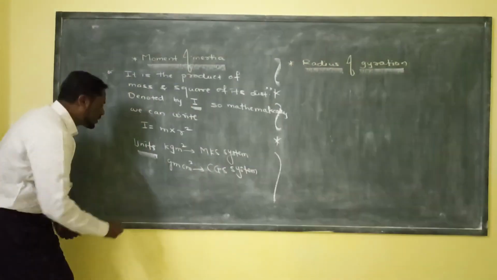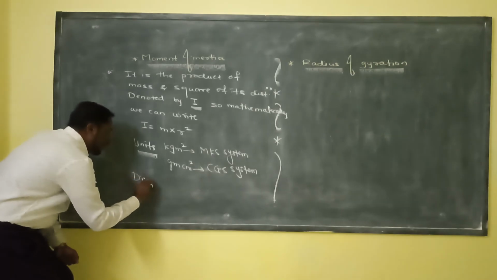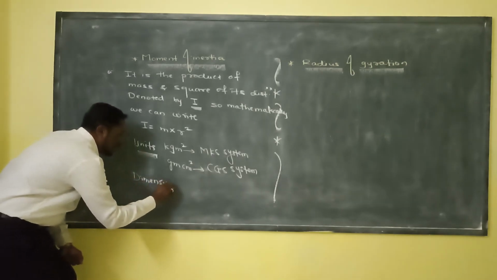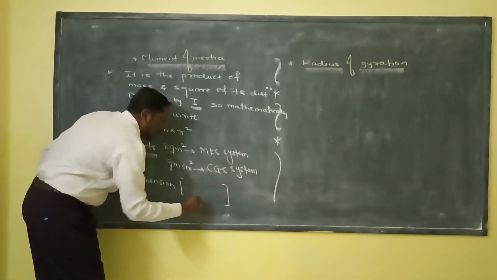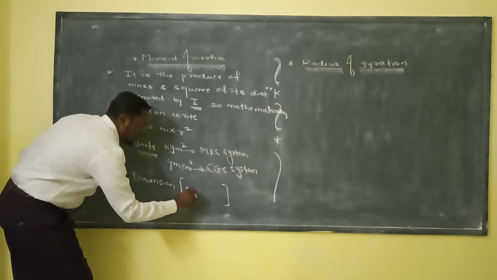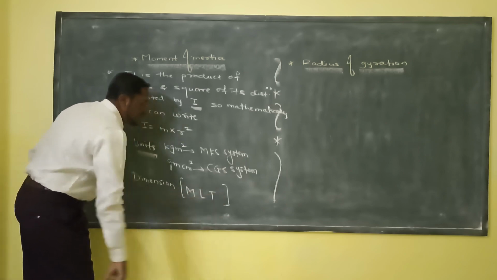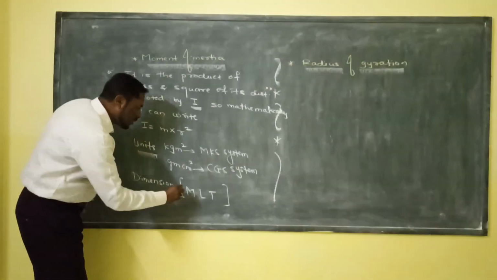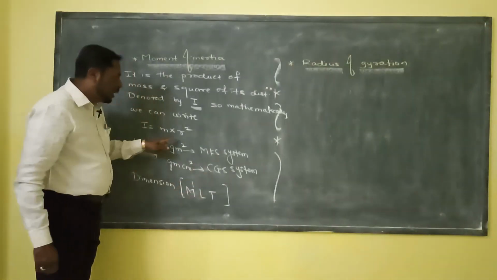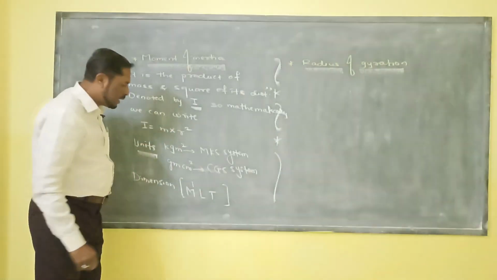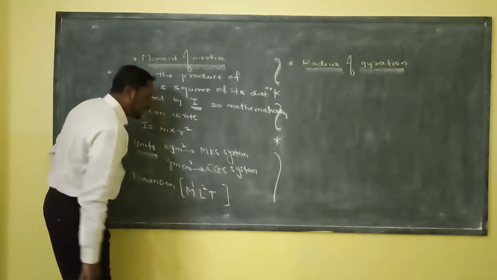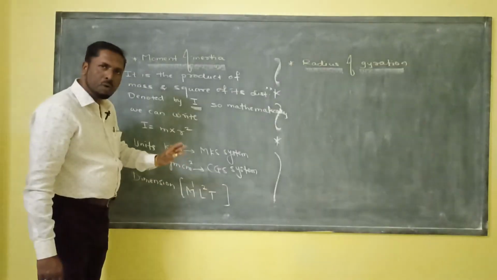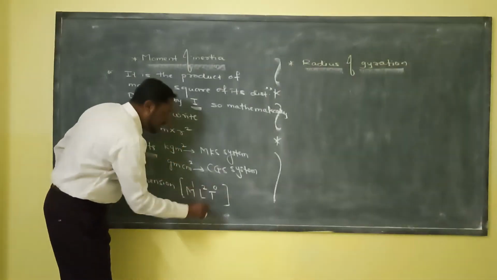Now, its dimensions in terms of M L T: the power of mass is 1, r square is distance written as L, so L square, and there is no information about time, so the power of T is 0.